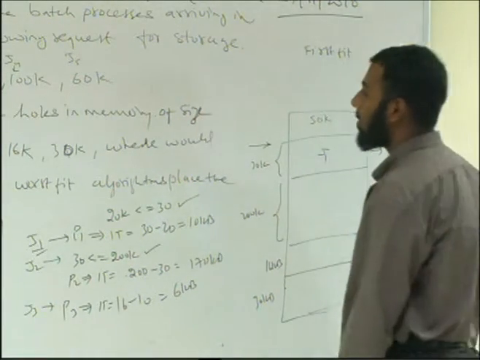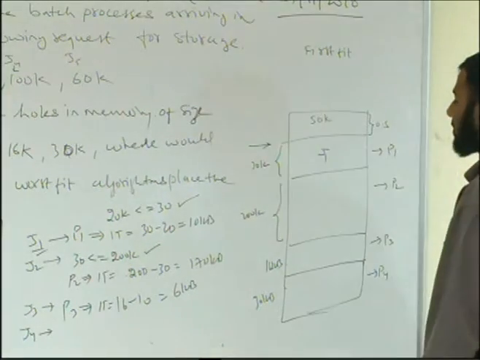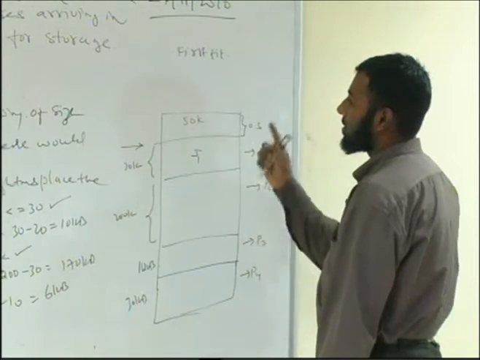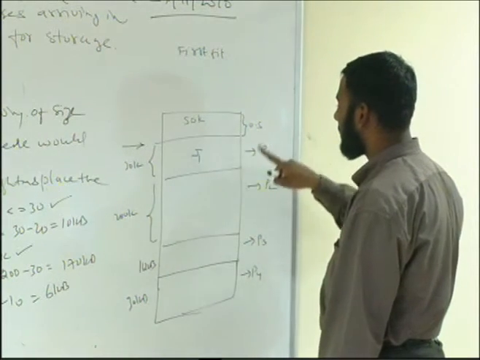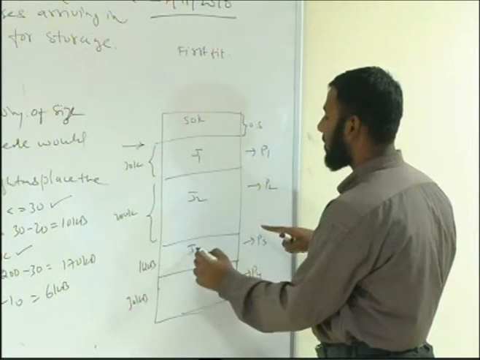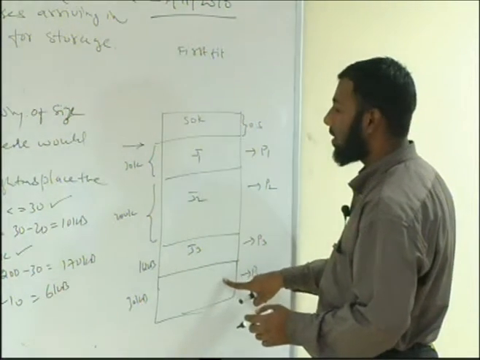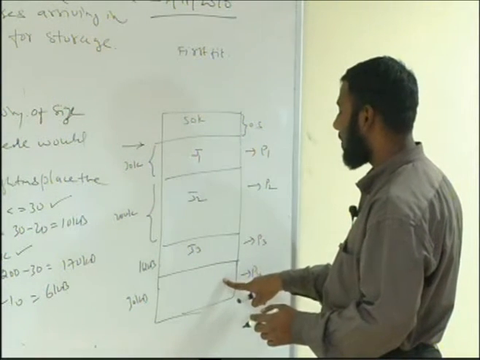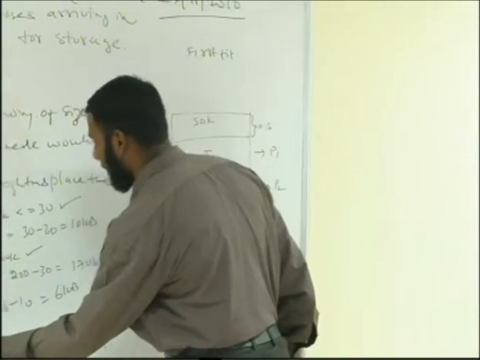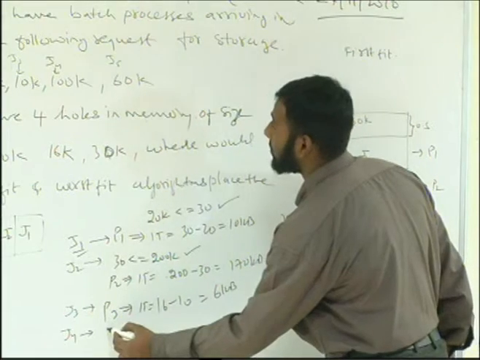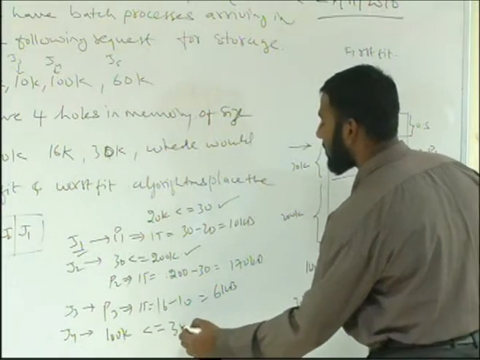Next job 4 comes. Again it checks: partitions P1, P2 and P3 are filled. It has a chance to put job J4 in partition P4, but the condition is whether the size of the process, 100 kilobytes, is less than or equal to the size of the partition, 30 kilobytes.